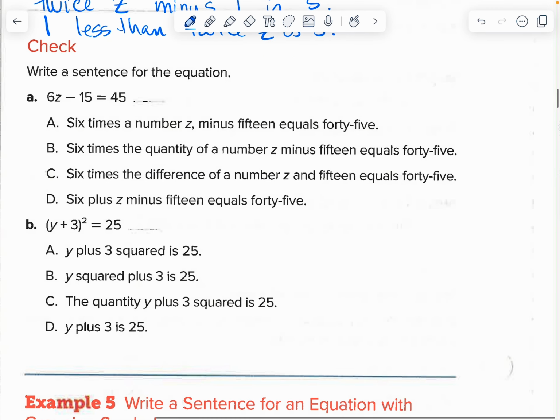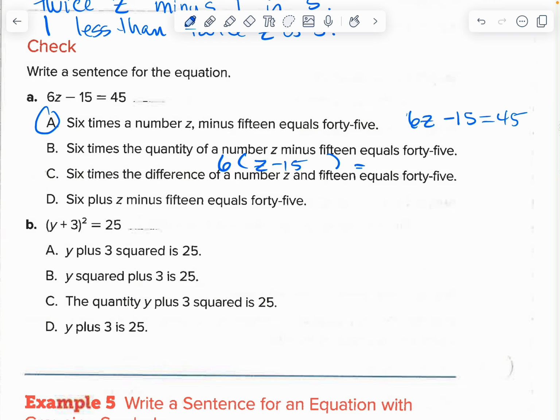Okay, write an equation for this. So this one right here, I'm going to do letter A. It says 6 times the number z minus 15 equals 45. Oh, that'll work. Then this one says 6 times the quantity of the number z minus 15 equals 45.